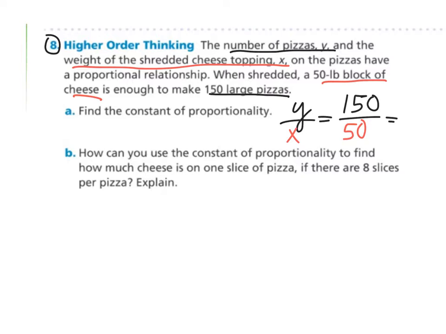If you divide that out, you get 3. Now if you think about what happened here, we did pizzas divided by pounds of cheese. So what this means is we can make 3 pizzas per pound of cheese. So constant of proportionality would be 3.